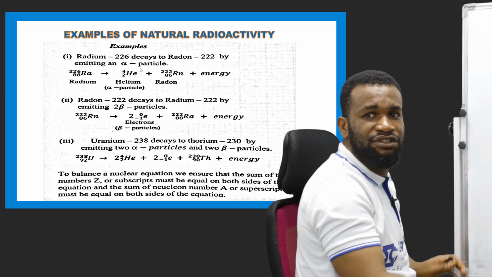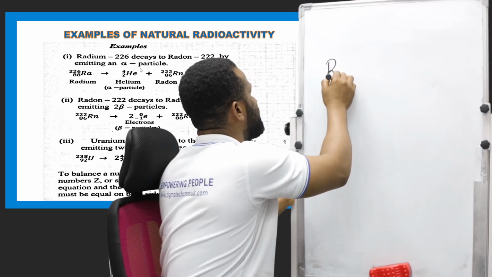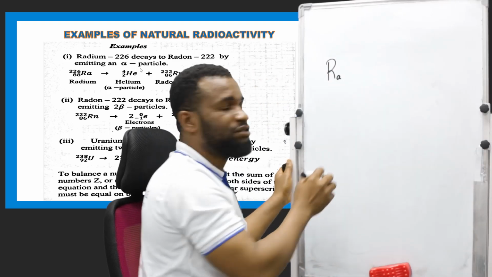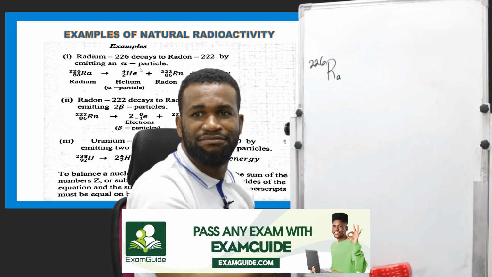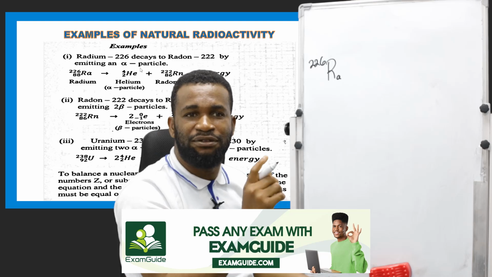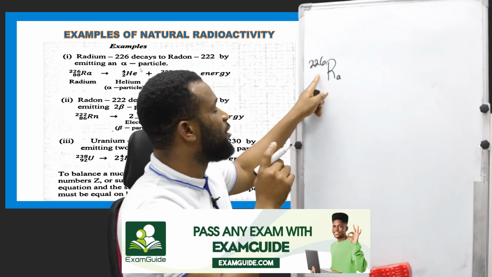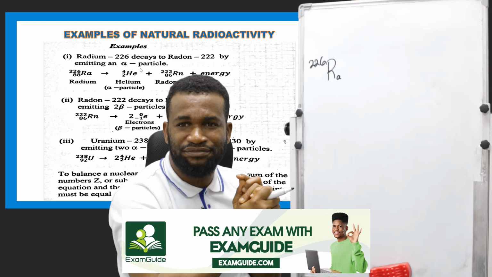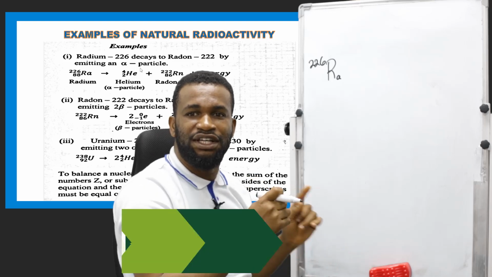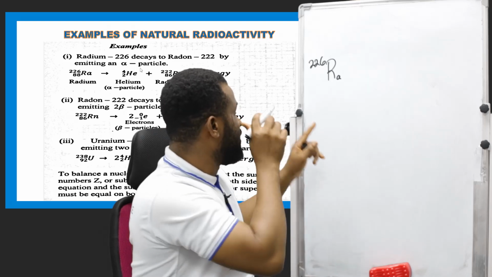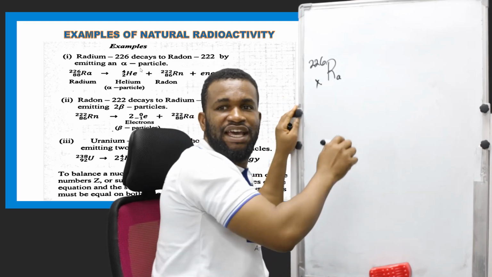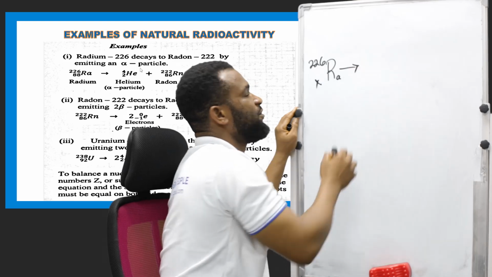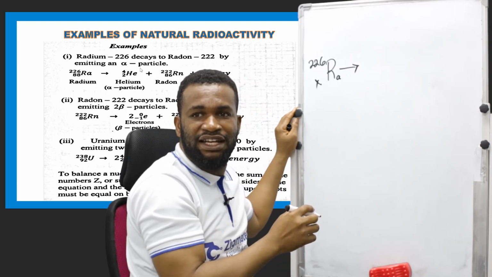If you have this radium, let me use Ra with 226, right? Now, if this has a given atomic number, let's call it X, then it decays, giving out an alpha particle.